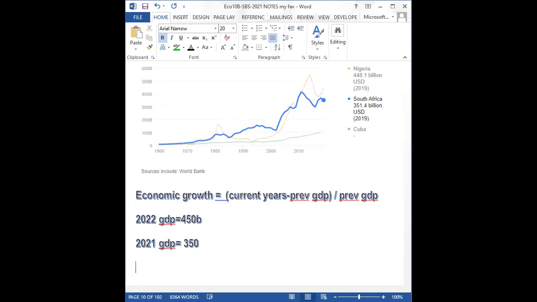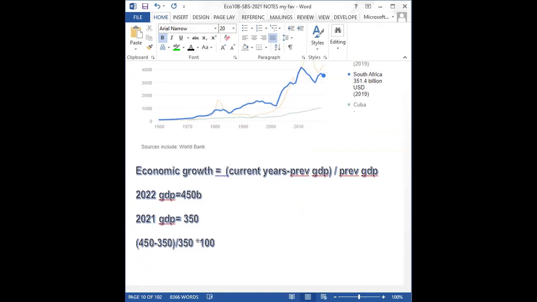How do you measure economic growth from such a scenario? You use 450, the current year's GDP, minus the previous year's GDP, 350, divided by 350, the previous year's gross domestic product. Then you multiply that by 100 to express it in percentages.